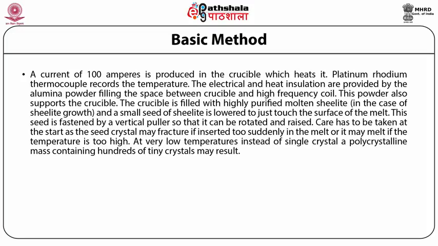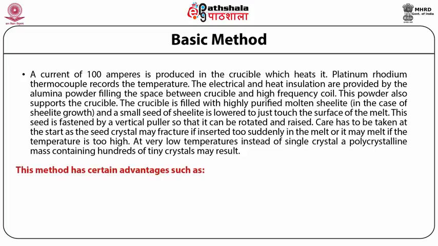Care has to be taken at the start, as the seed crystal may fracture if inserted too suddenly in the melt, or it may melt if the temperature is too high. At very low temperatures, instead of single crystal, a polycrystalline mass containing hundreds of tiny crystals may result.